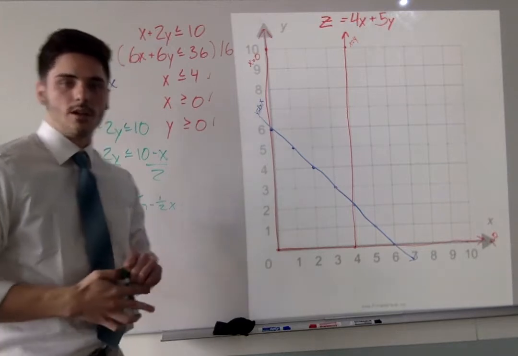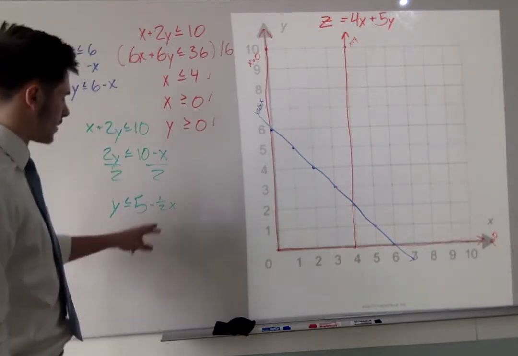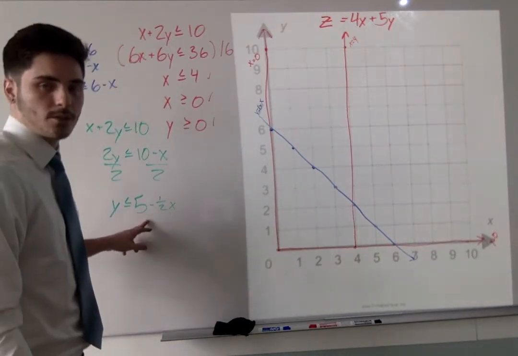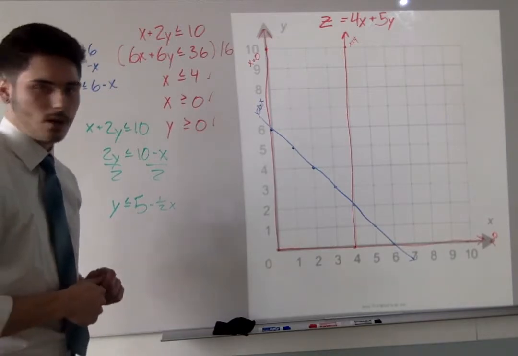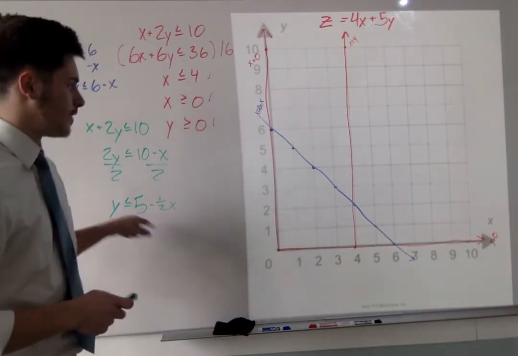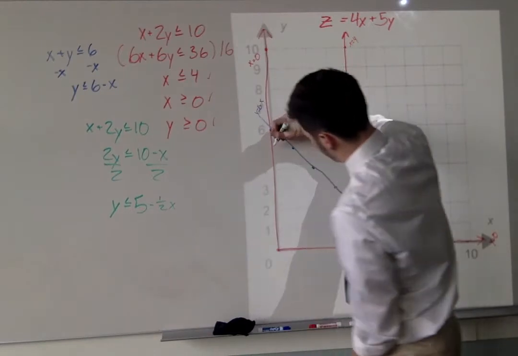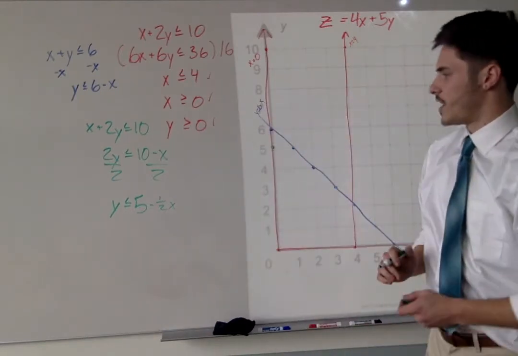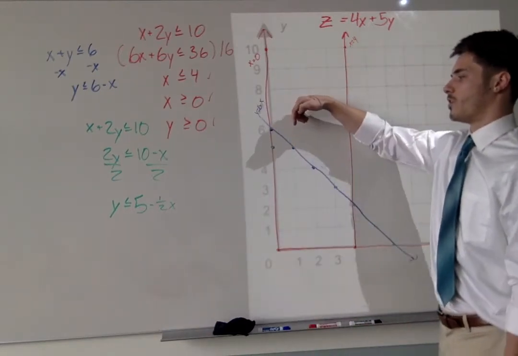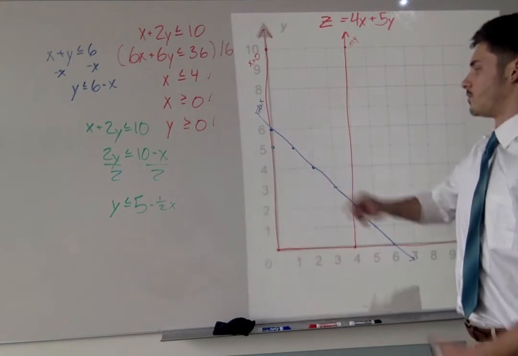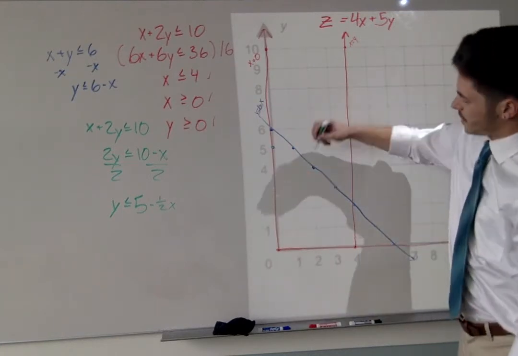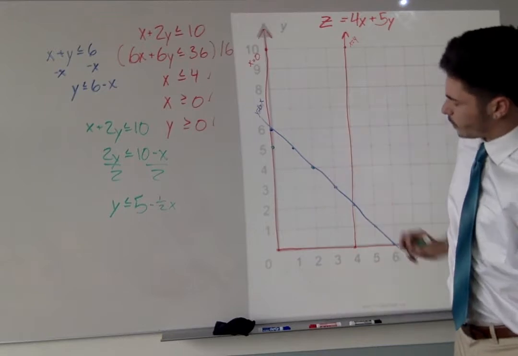So for this one, in slope-intercept form, we've got the slope and the y-intercept, so we can easily graph this one as well. Our y-intercept is going to be 5. We'll mark that here. And our slope is -1/2, so every time we go down 1, we go to the right 2. So our first point is going to be here at 2, 4.